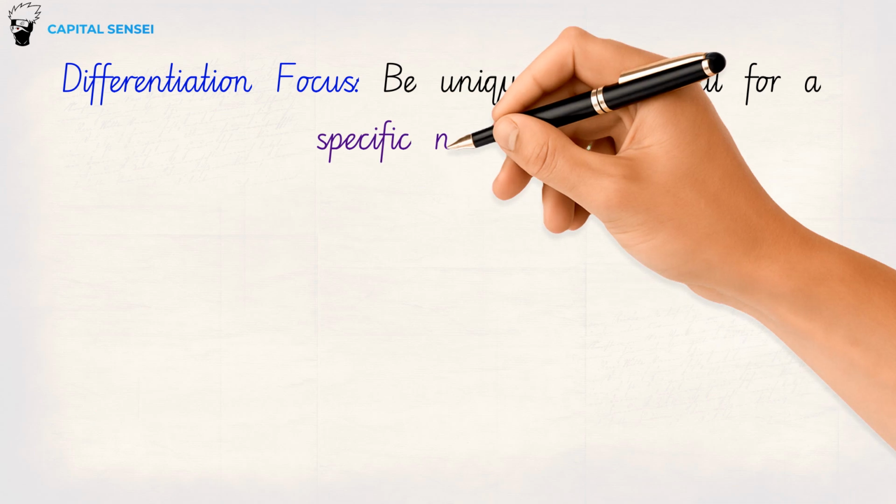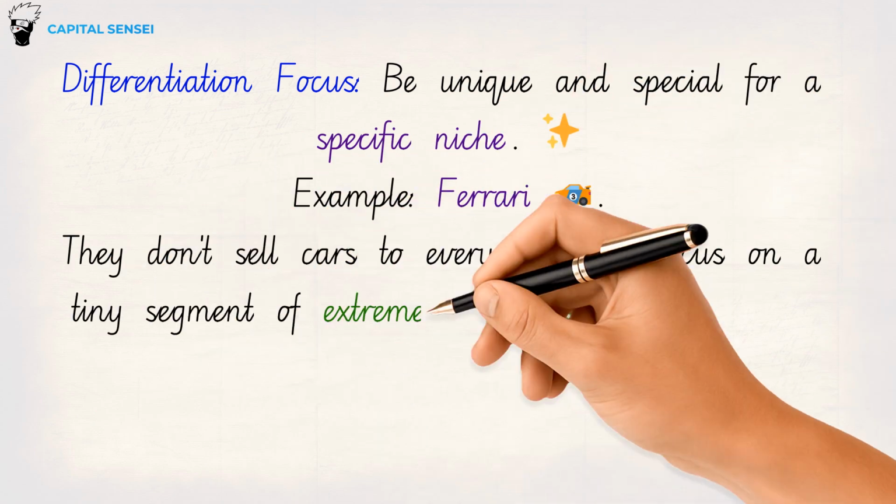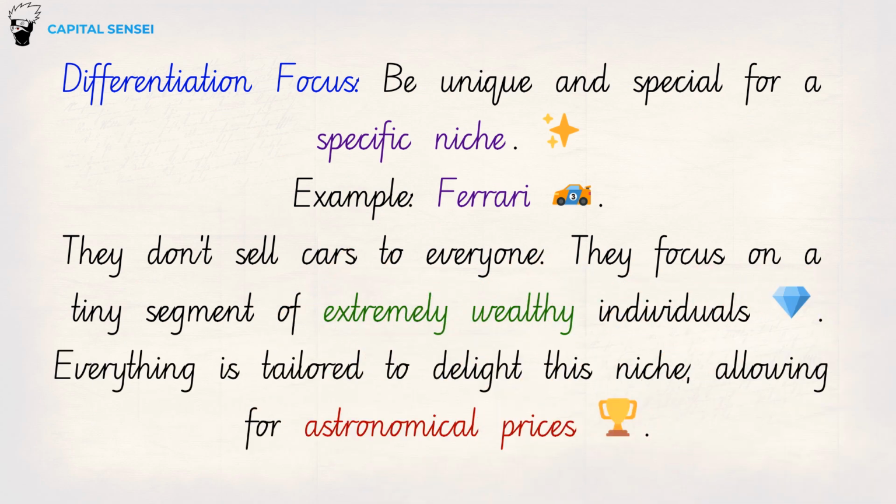With differentiation focus, you aim to be unique and special, but again, only for a specific niche. You create a highly differentiated product for a small group of customers with particular needs. Think of a car company like Ferrari. They don't try to sell cars to everyone.